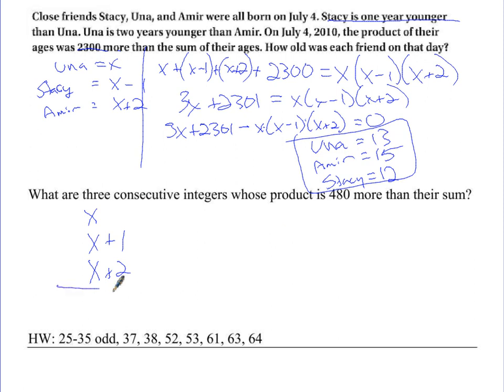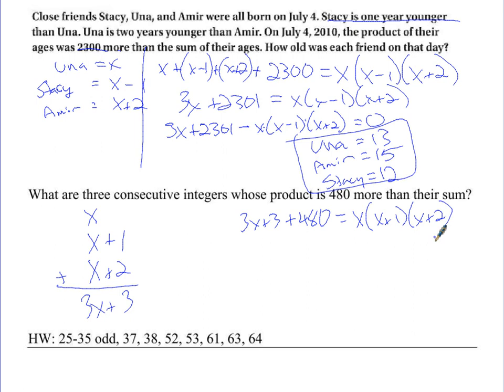So the sum of these numbers is sitting right here. Add them together, 3x. So 3x plus 3 is the sum of those numbers. 3x plus 3, add on that 480, and that will give you the product. The product is going to be x times x plus 1 times x plus 2.